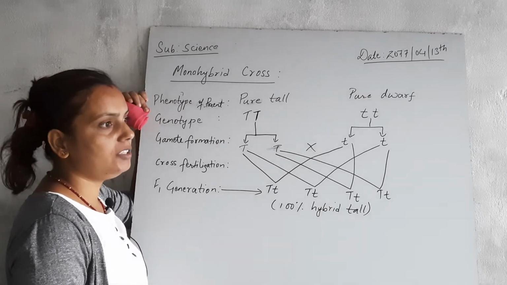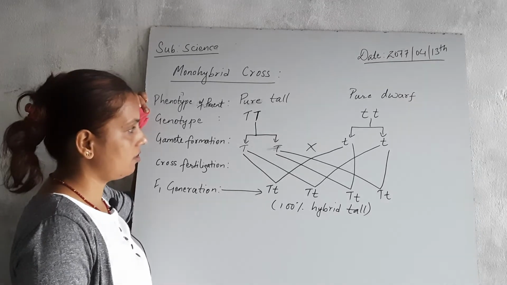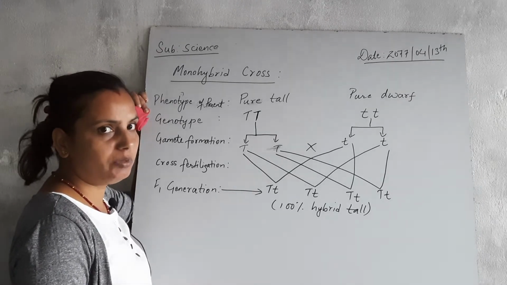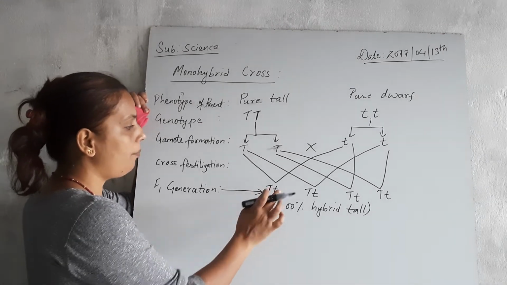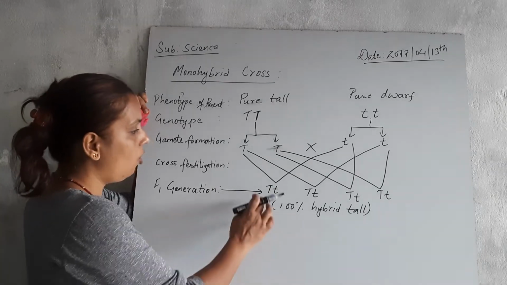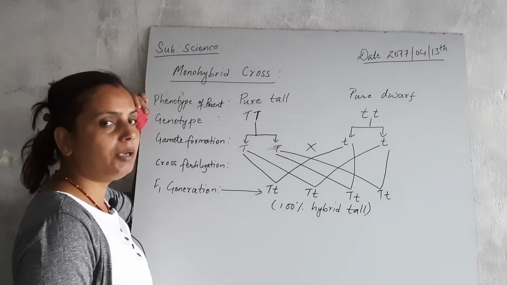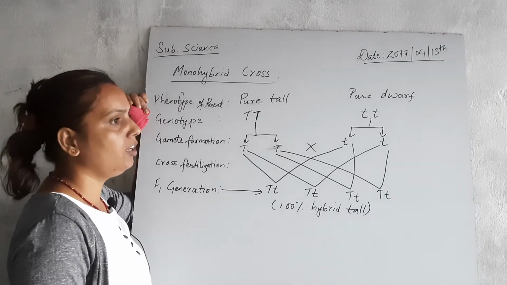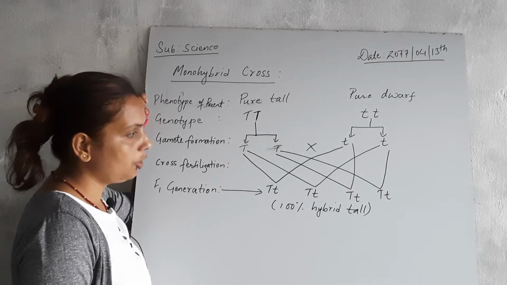Genotypically they contain the gene of the dwarf also, but while expressing, the dominant character capital T suppresses the recessive character and expresses itself. That's why, when we observe them phenotypically, or observe their morphological characters, they appear to be tall.